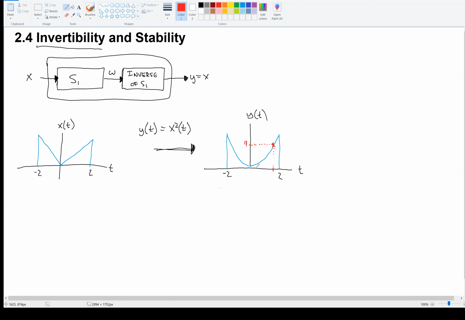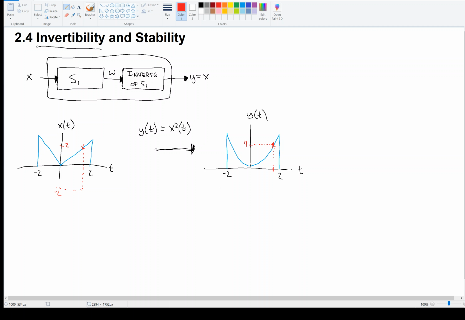And the reason you can't is because if you observe, let's say, a 4 in the squaring system, then you don't know if the input at that time was 2 or if it was -2. You don't know.